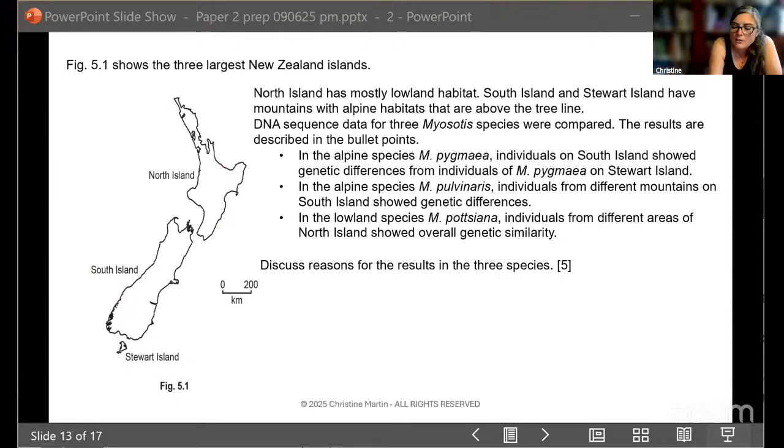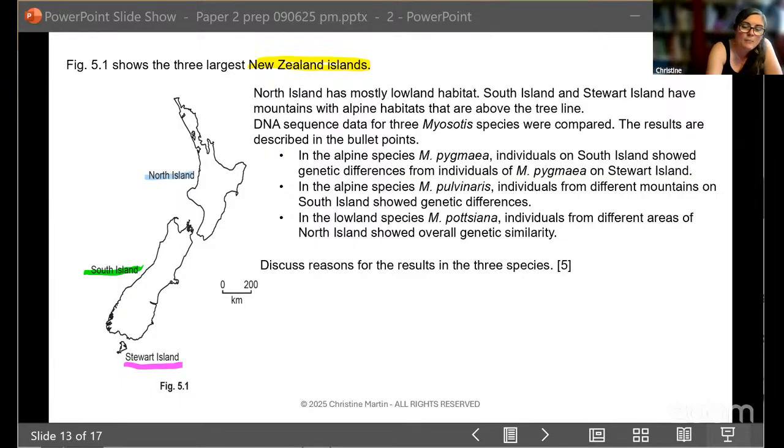Now they're telling you you're in New Zealand. Okay, so we're in New Zealand islands, and we can see that there are different islands. We've got the North Island, we've got the South Island, and we've also got the Stewart Island. So there are 3 different islands that we're looking at here.